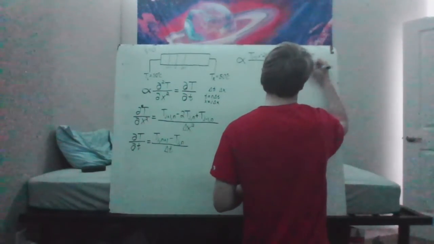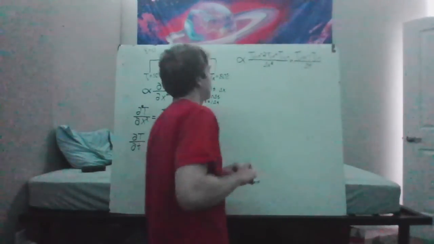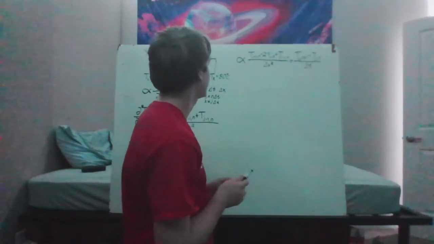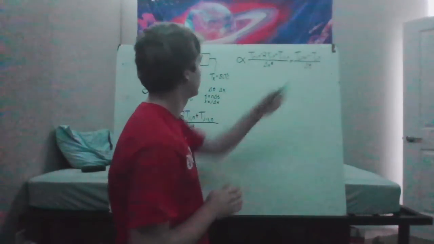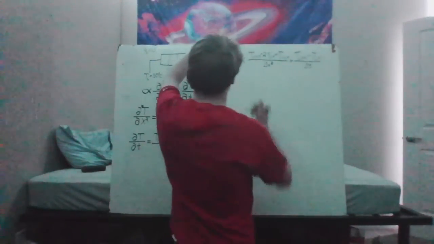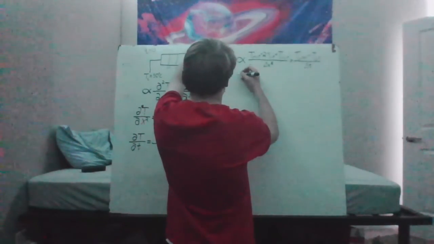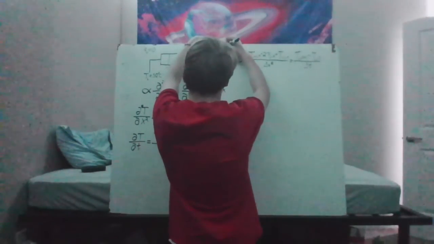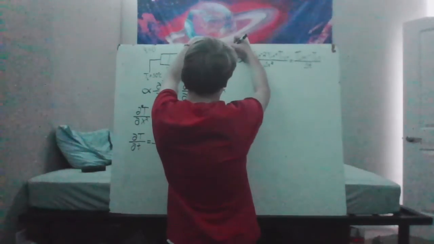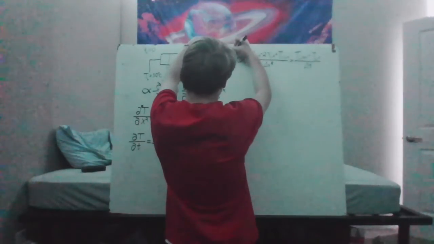over delta t. And actually now what we can do is we can multiply delta t over to the other side, and we actually will get a constant that we can call r, and r is going to be equal to, again, alpha delta t over delta x squared.